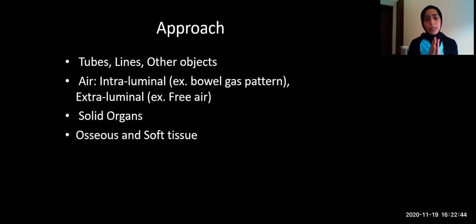The air in the abdomen is very tricky. Identifying the abnormal air within the abdomen may lead you to the proper diagnosis and saving a life. So air, whether it is intraluminal, within the bowel, extraluminal or free air, and you should identify the normal appearance of the solid organs and soft tissue.